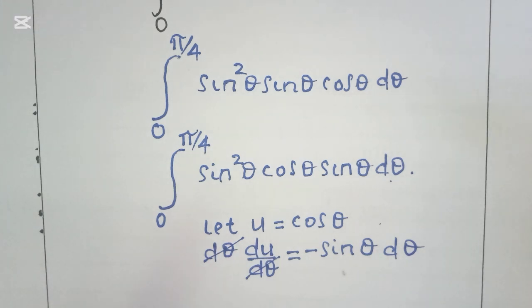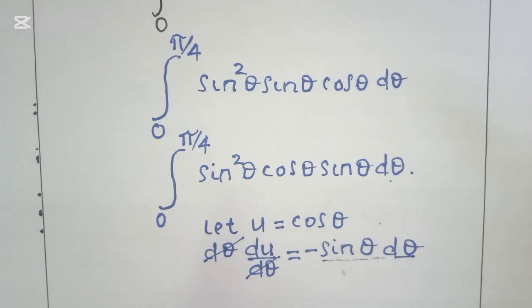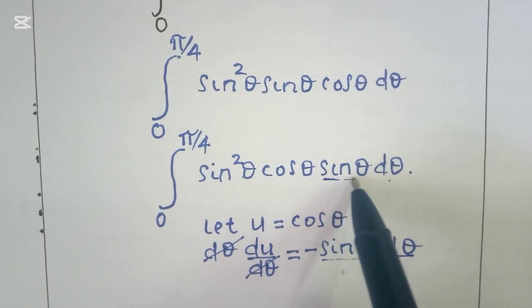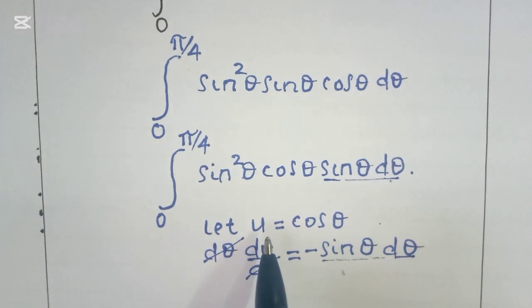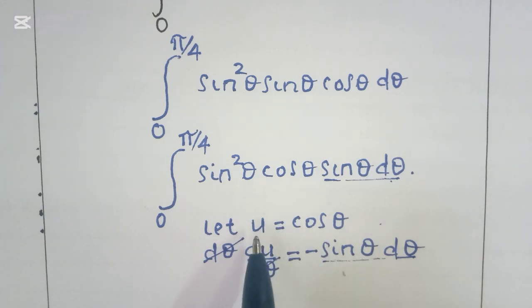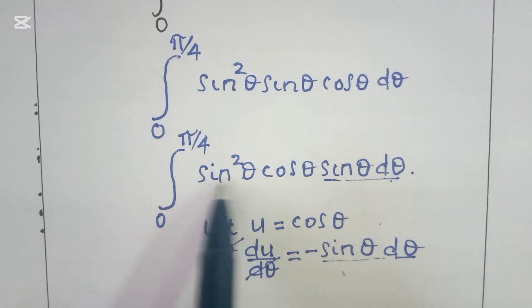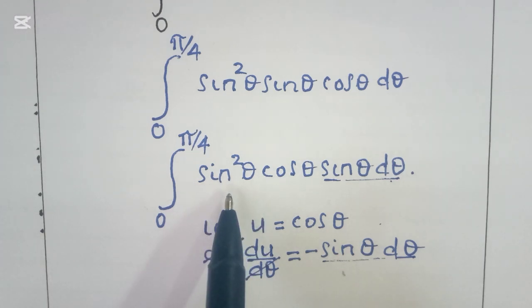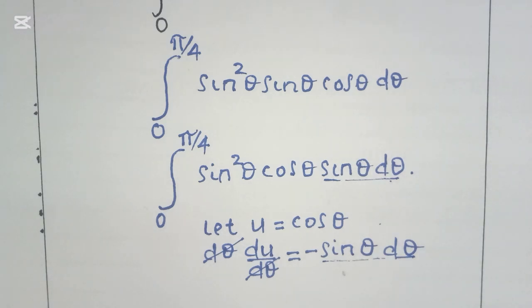So guys, you can notice that here we have sine theta d theta, and we have something that looks like that. So now, if I substitute cos theta with u, having converted this one to cos theta by use of trigonometric ratios, then I would have finished theta, and that's what I'm supposed to do, guys. I replace theta with u and d theta with du.